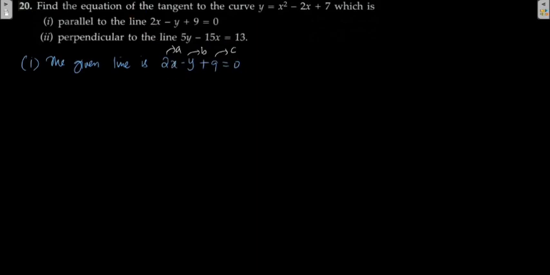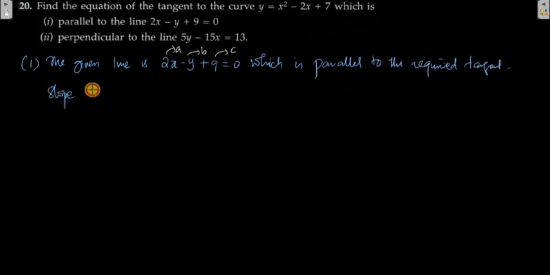So let's find the slope of the given line, which is parallel to the required tangent. The slope of the line is equal to minus a by b.